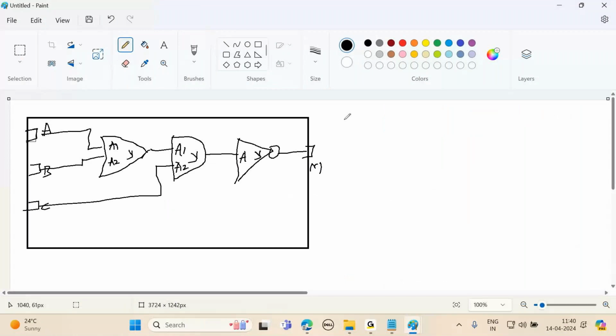So what is a gate level netlist in Verilog? First we will have module and module name. Module name I call it some temp, some random name. What are the inputs? A, comma.